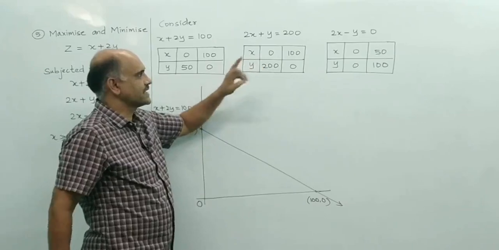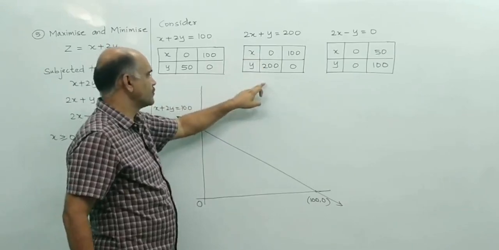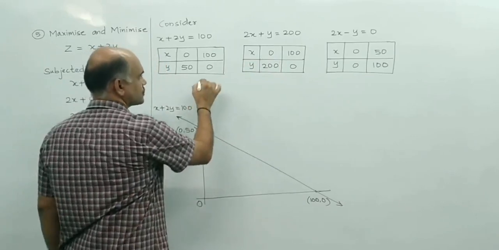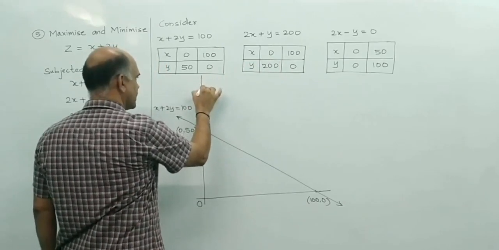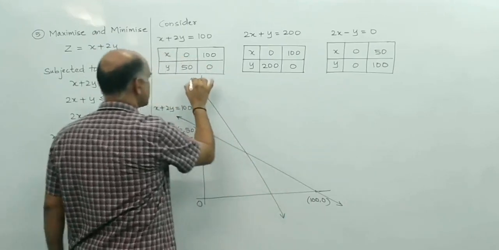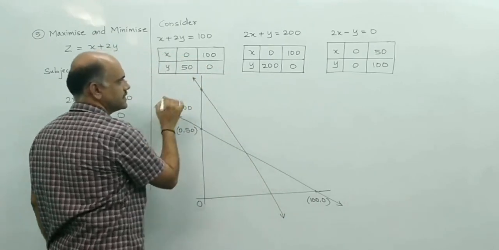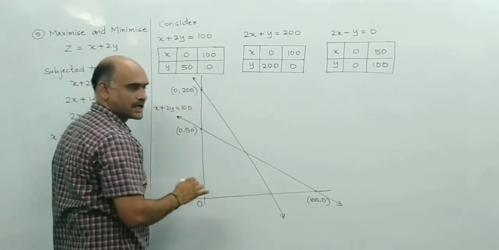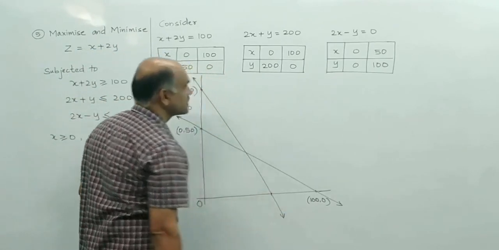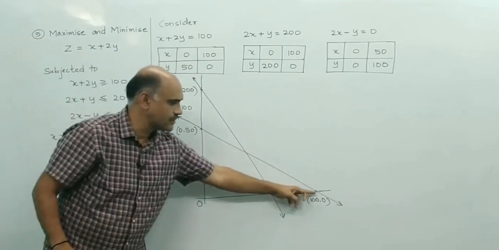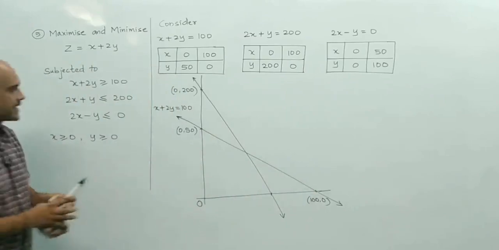If I take the second one, x 0 y 200, x 100 y 0. So x 0 y 200 roughly will be in this form. This is 0 comma 200, and here you will get x 100 comma 0.